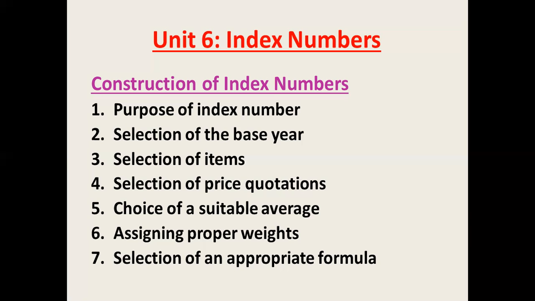Therefore, it is desirable that the price quotations be obtained from an unbiased price reporting agency. This depends on the type of index number. For a consumer price index, wholesale prices are required, while for a cost of living index, retail prices are needed, but different prices should not be mixed up.